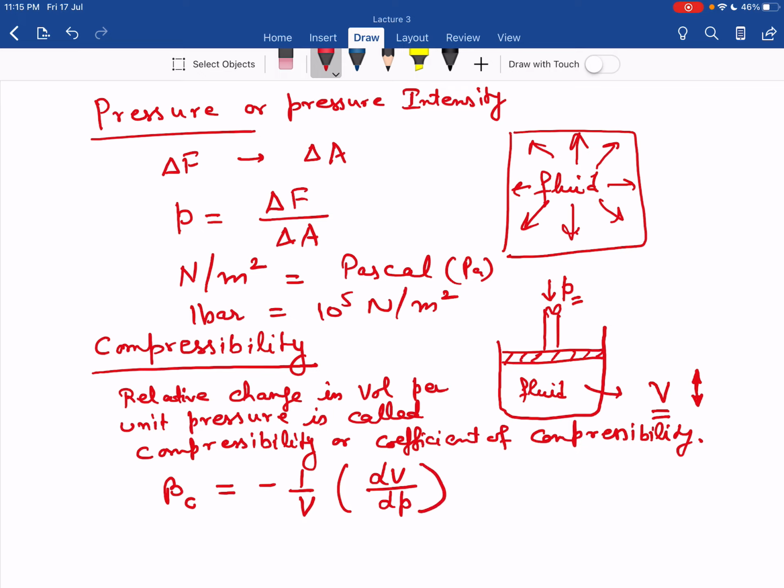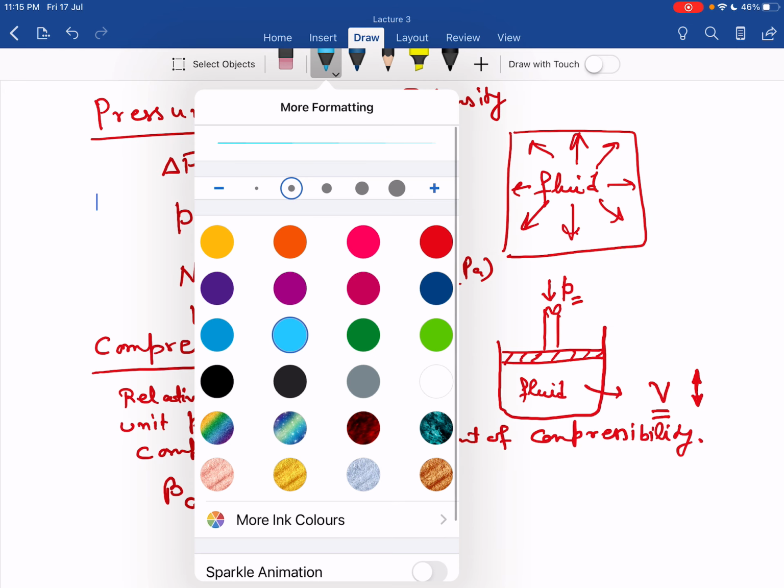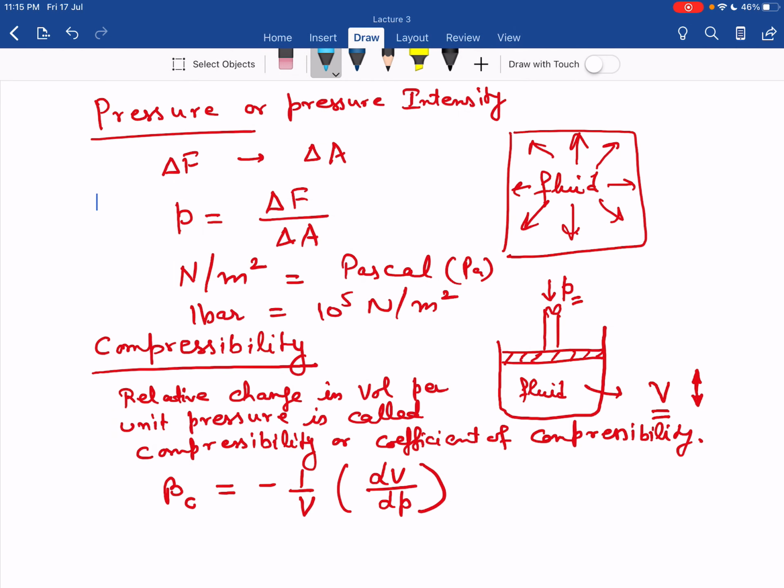Okay, now here in this formula, dV is the change in volume, dP is the small change in pressure, and V is the original volume.